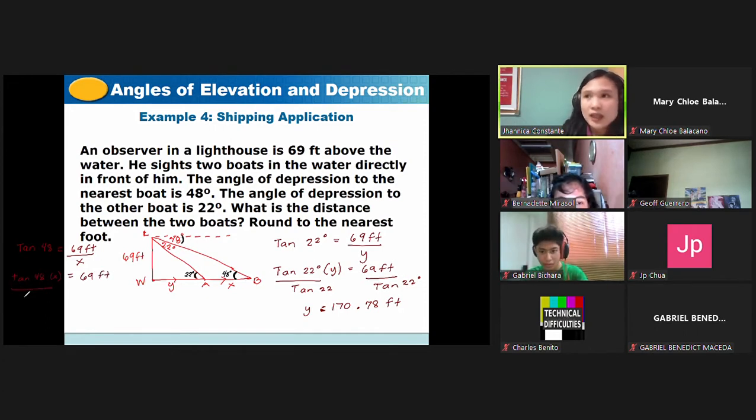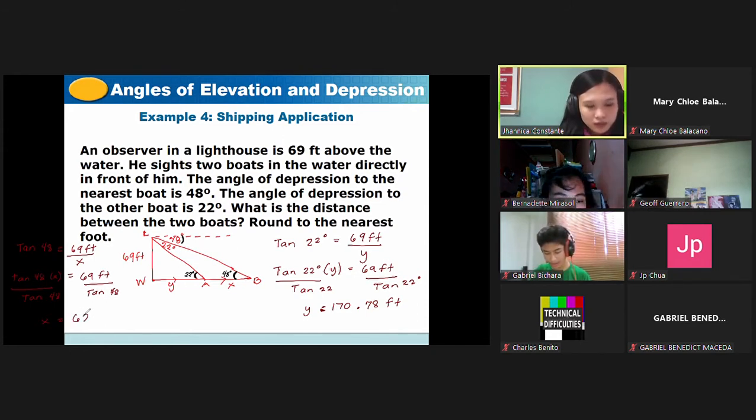Divide both sides by tan 48. So x is equal to 69 divided by tan 48, which is equal to 62.13 feet.